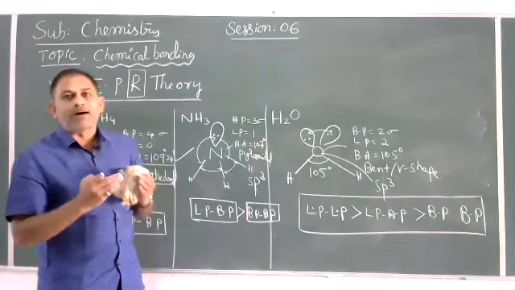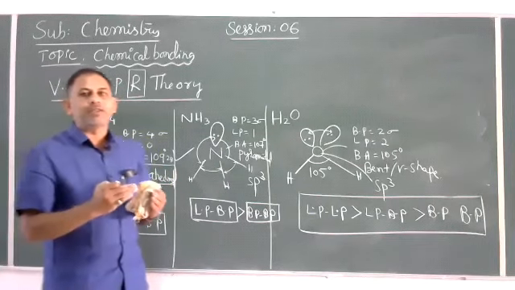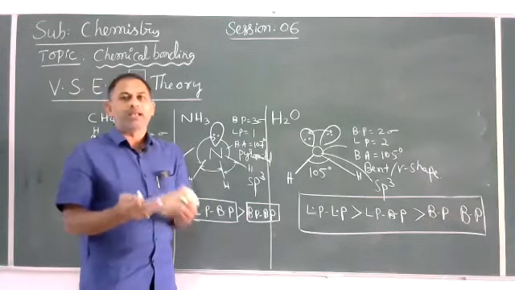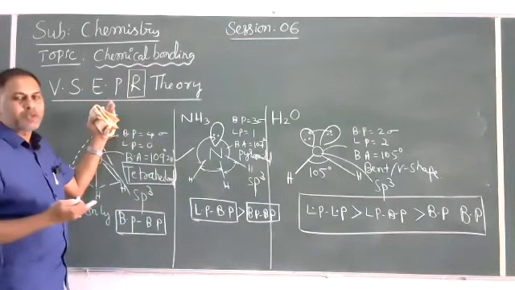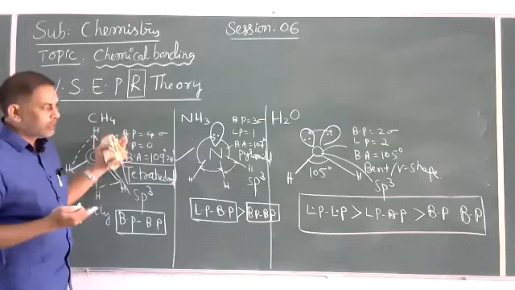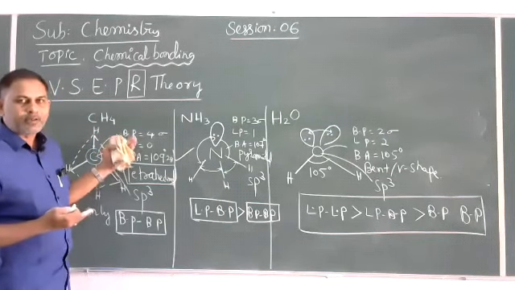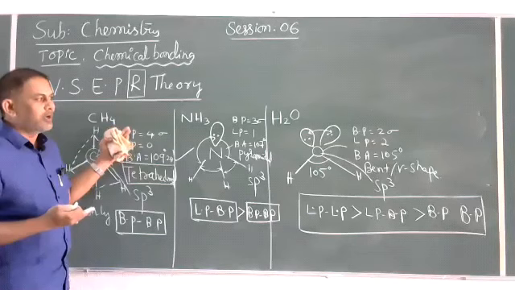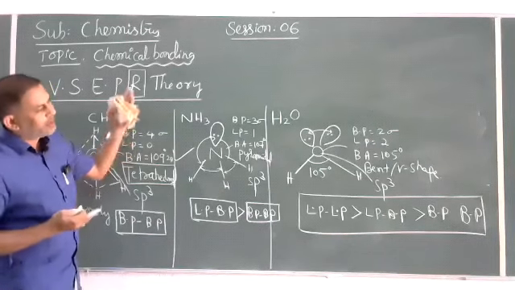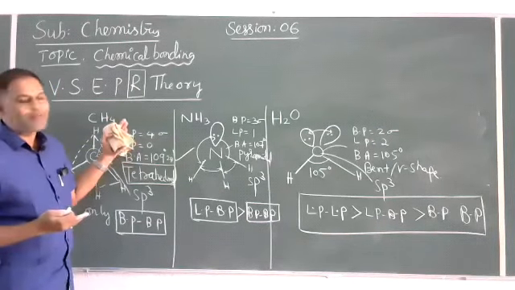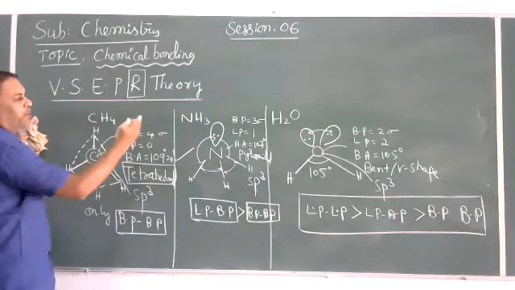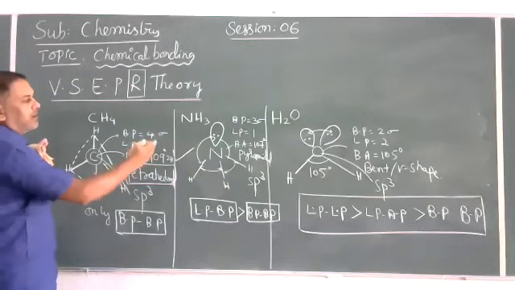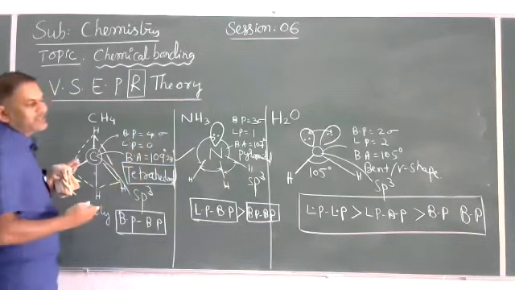So VB theory was modified by four people under the name of valence shell electron pair repulsion theory, to explain irregular shapes of molecules due to the presence of lone pairs and bond pairs. Based on these lone pairs and bond pairs, shapes and bond angles change.